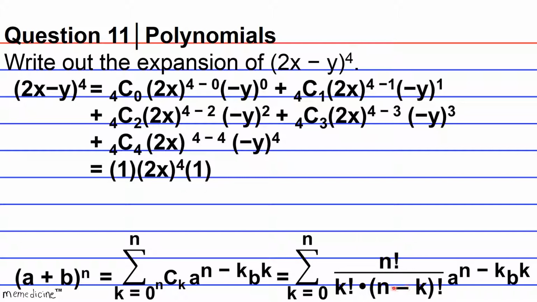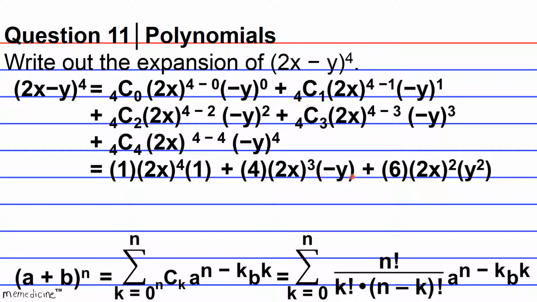So yeah, that's usually what it boils down to. And then you have 2x raised to the 4th power times negative y to the 0. And we know that any base raised to the 0 power is also 1. So that corresponds here, and this looks correct. This is our second term. This is what our third term simplifies to, our fourth term simplification, and the last term, okay?